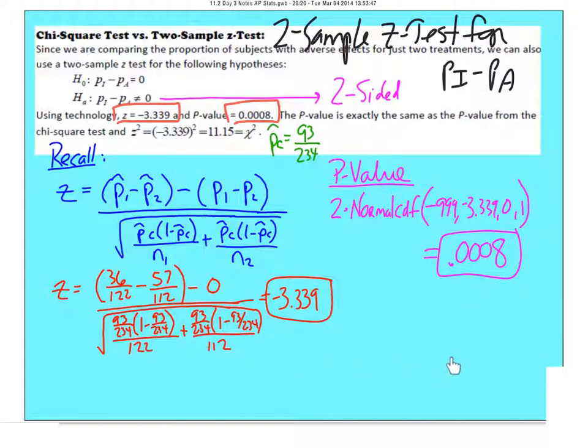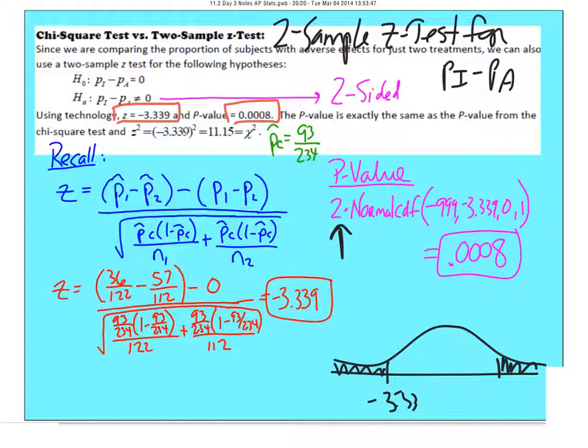So if I were to sketch it, this is the negative 3.339. If I find normalcdf from negative 999 to negative 3.339, this has been standardized, so use 0 and 1. It's a two-sided test, so we have to account for the other tail. That's why they multiplied it by 2. And therefore, again, we get the same p-value, and we're going to make the exact same conclusion.